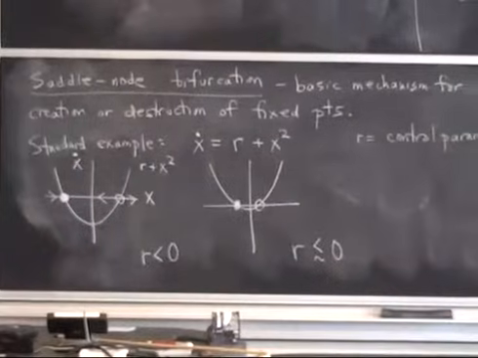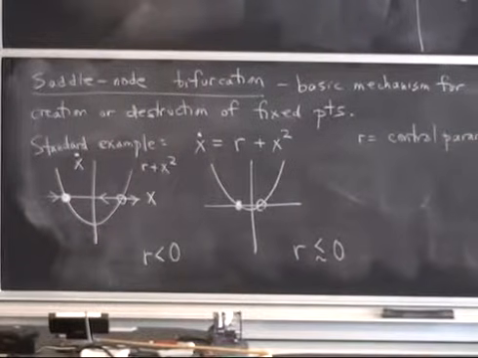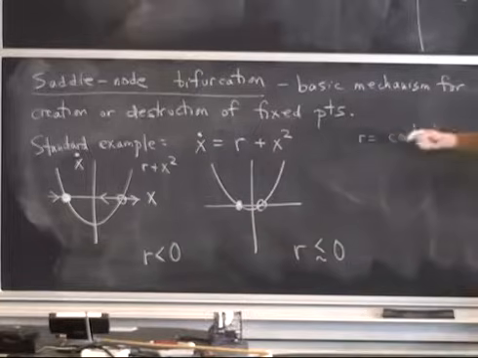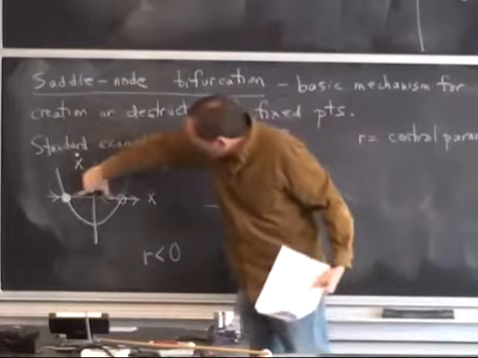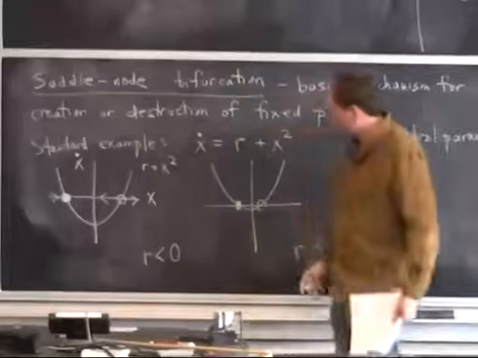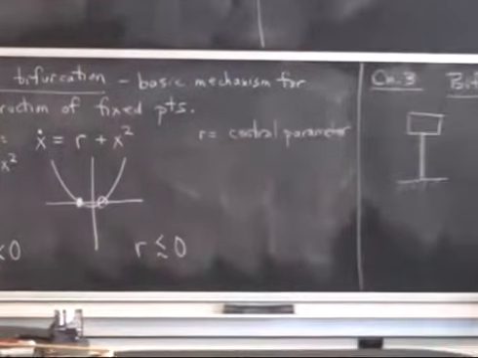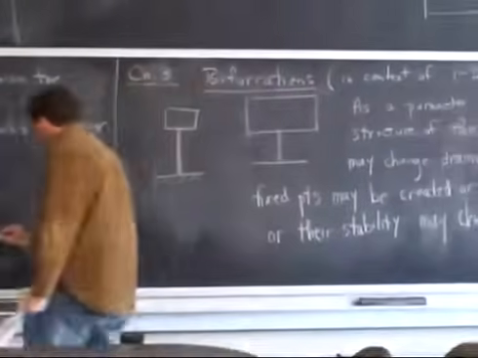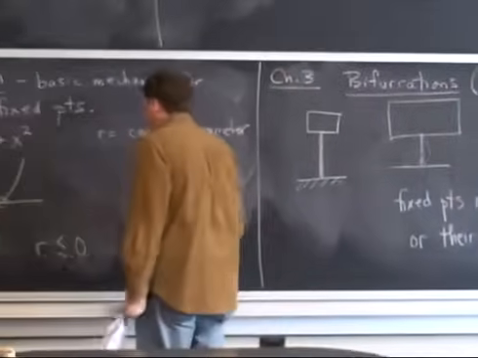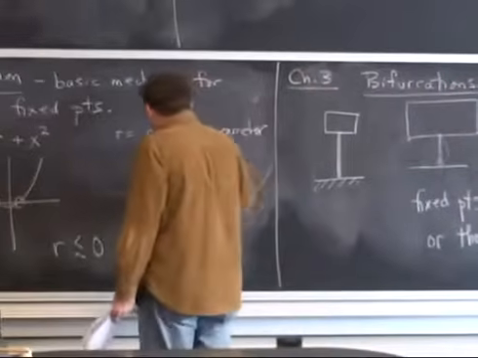So if you were watching a movie of this, you would think of lifting up the parabola gradually, and these 2 fixed points, these intersections, would be moving towards each other ominously. Right? And then at r equals 0, ba-boom, they're going to hit. And so they would collide.